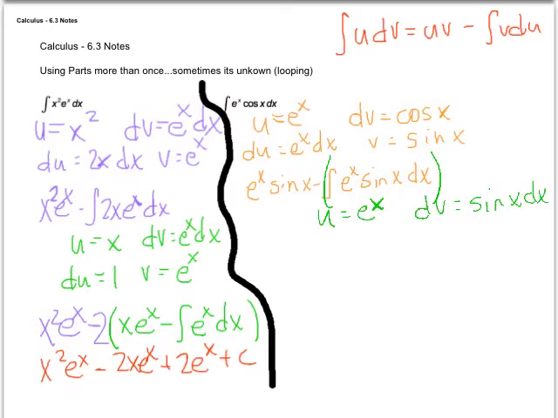There should be a dx on this too. Alright, so du is equal to e to the x dx, and v is now going to be negative cosine x.